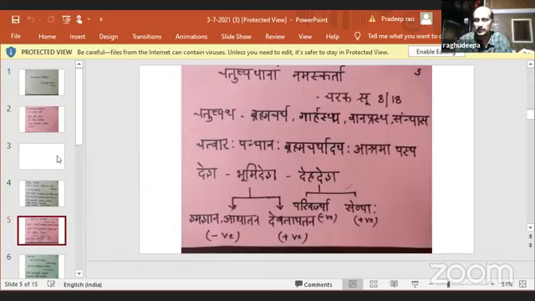Just get the meaning of those Dashavida Papa and try to see whether this particular person has any of them. If he has 1 or 2 of the Dashavida Papa out of that list, then that person has negative energy. If no factor is observed after observing him for a long time, then you can assess him as having positive energy. That's how you have to see the person without checking with the aura scanner.